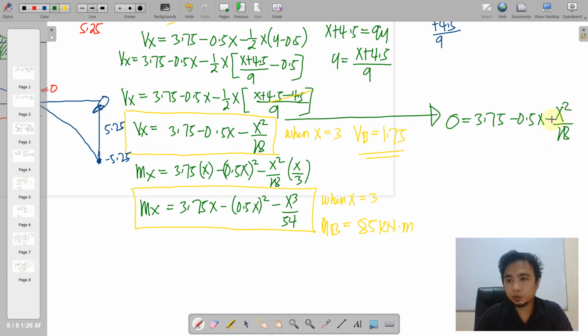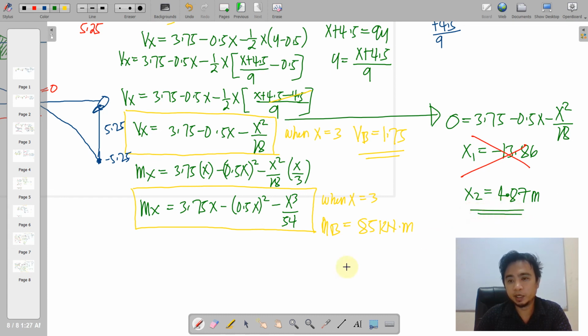As we notice, we have the value of x here. x will have two roots because this is a quadratic equation. So the first root is actually negative 13.86. So this is impractical to consider as our root. Then we will consider the second root, which is 4.87 meters.